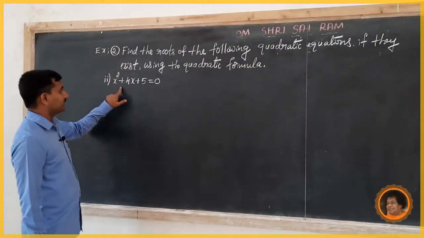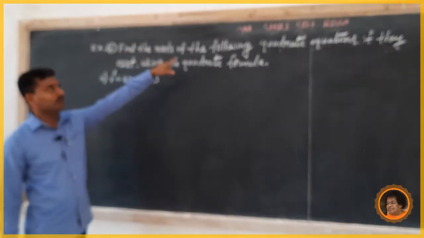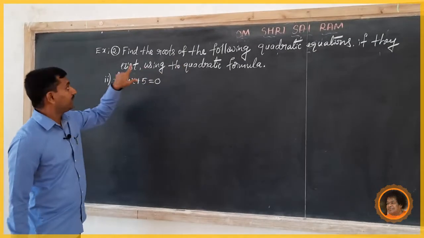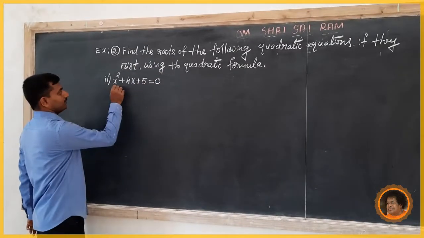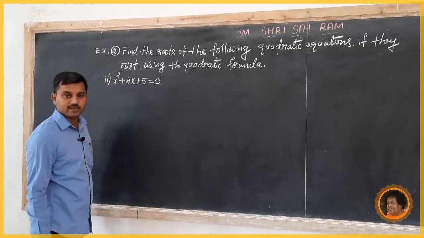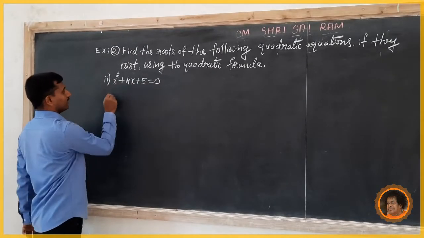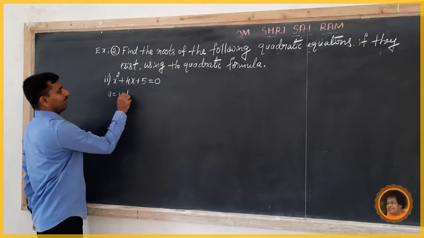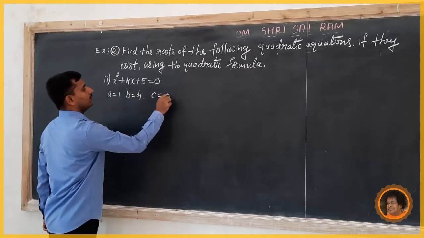Second question, x square plus 4x plus 5 equal to 0. What is the question? Find the roots of the following quadratic equations if they exist using the quadratic formula. So here first write the given equation in the standard form. Standard form, ax square plus bx plus c equal to 0. So here the value of a equal to 1, b equal to 4 and c equal to 5.